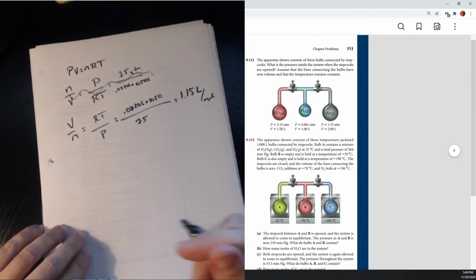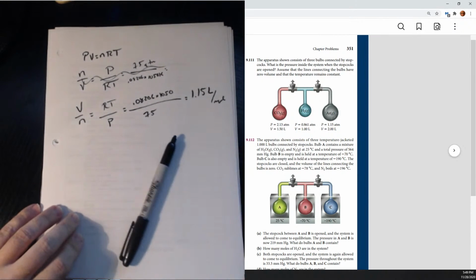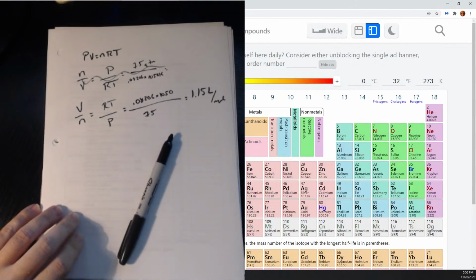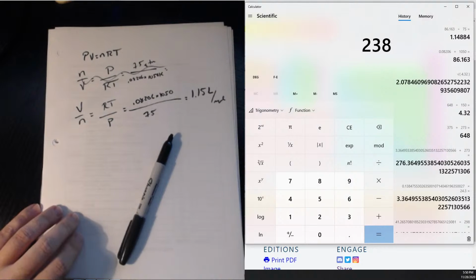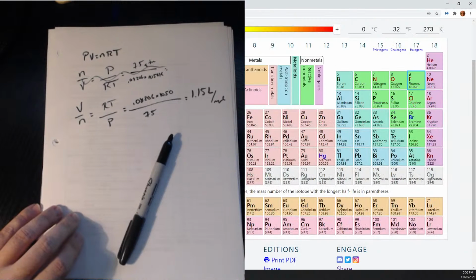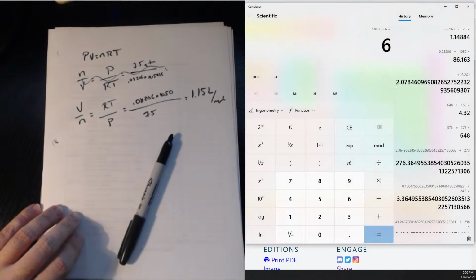So first we're going to need the molar mass of uranium hexafluoride, which means I need the periodic table. All right, uranium is down here, 238.03. And then our fluorine, 18.998.